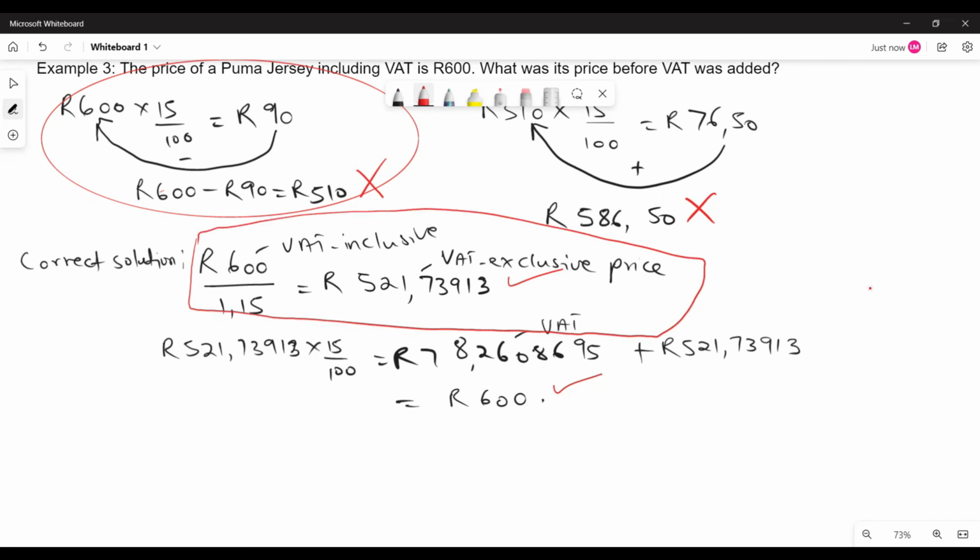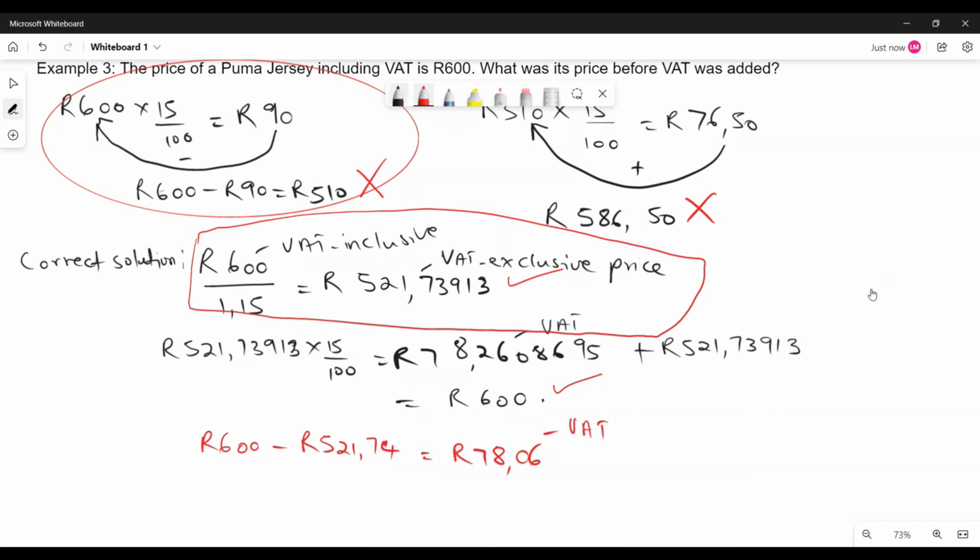And after getting the VAT exclusive price, you'll simply say it is your 600 rands minus the VAT exclusive price. Let me just round it to 521,94. It's going to give me 78,06. So this is my VAT.